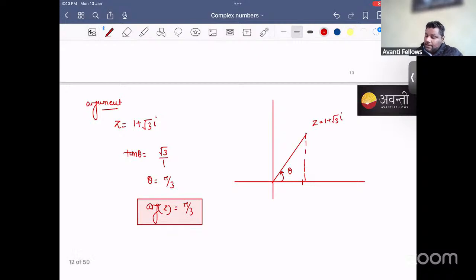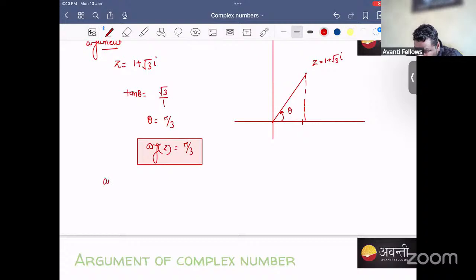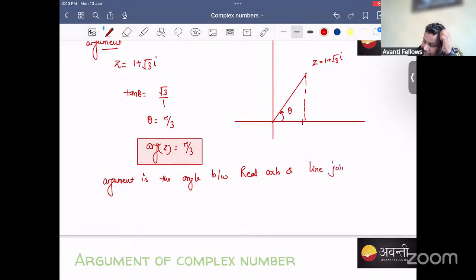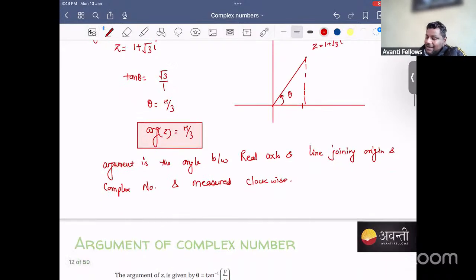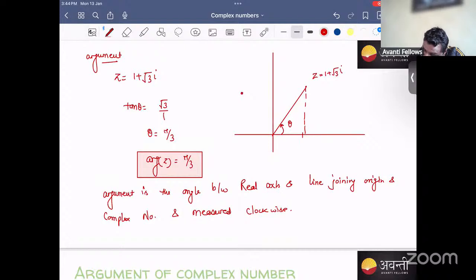Am I clear? Now I will show you what argument is. Argument is the angle between the real axis and the line joining the origin and the complex number, and it is measured anti-clockwise.